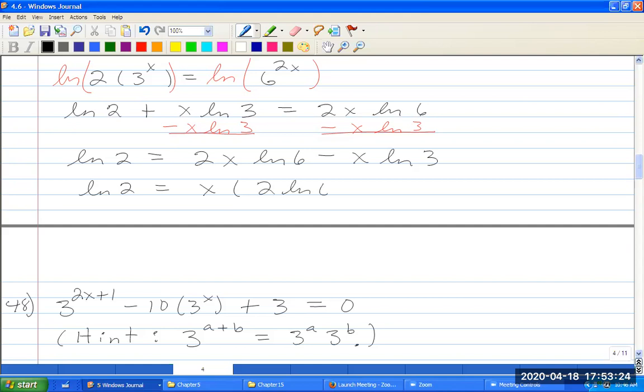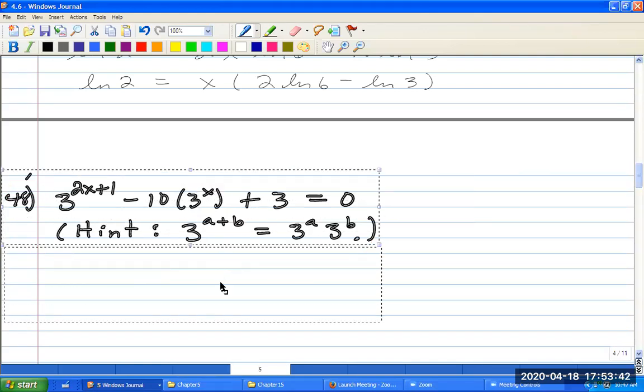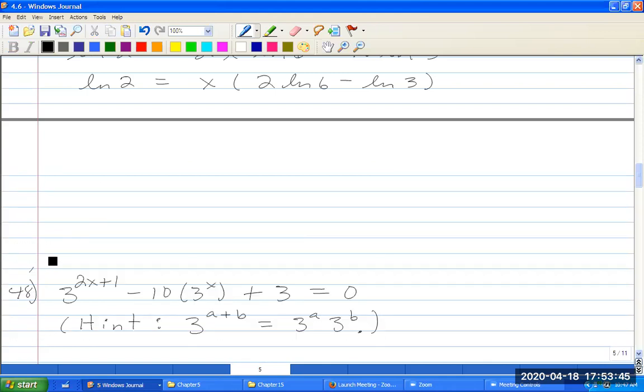So 2 ln 6 minus ln 3. You could simplify this to ln 12, but I'll just leave it like this. Let's divide both sides of my equation by the 2 ln 6 minus ln 3. So x is equal to ln 2 over 2 ln 6 minus ln 3. And I'll just leave it in that form.